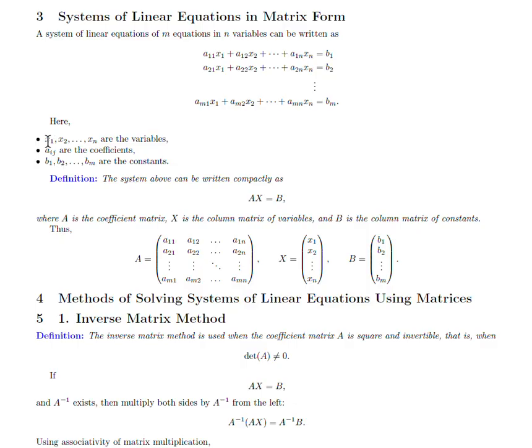So just take note, all the x's are variables, and the a's are coefficients, and those coefficients of course are the ones taking positions in our matrix A, which we explained in the augmented matrix earlier. And the b's are the constants on the right hand side, which we also showed in the augmented matrix earlier.